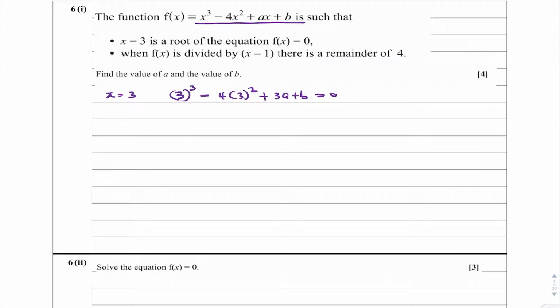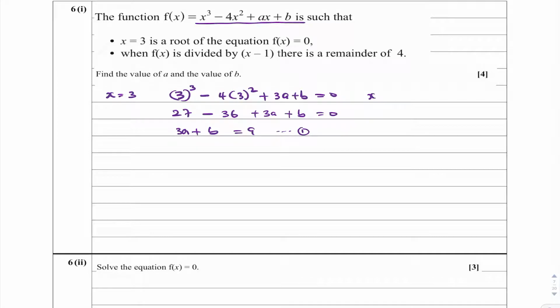In this case, I then get 27 minus 36 plus 3a plus b equal to 0. And therefore, I get 3a plus b equals 9. So that's my first equation.